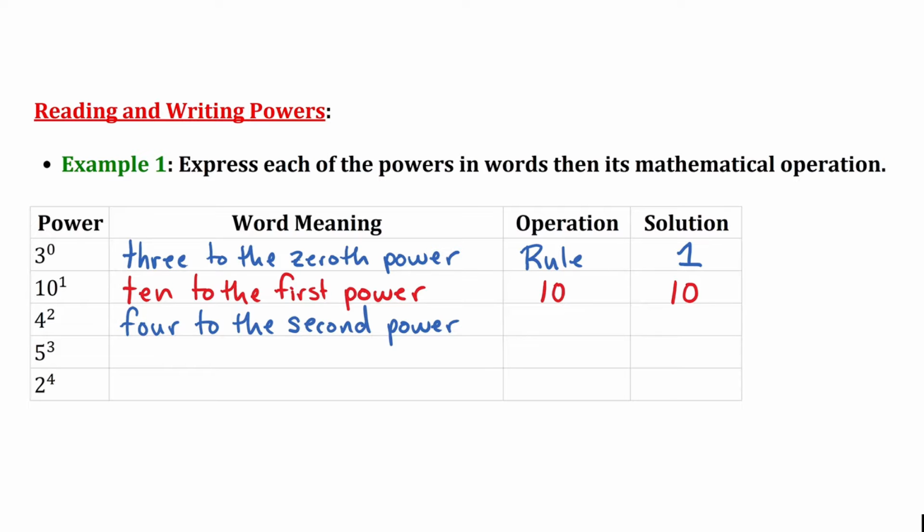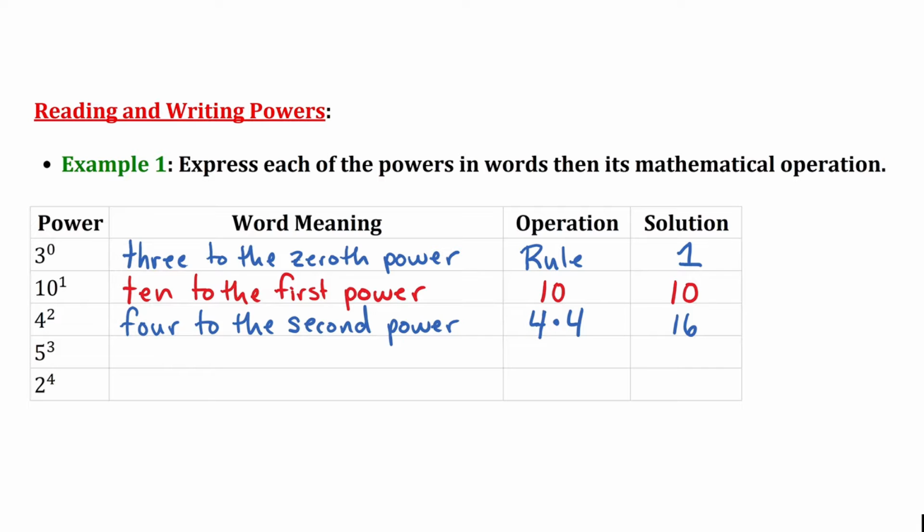So you could also say 4 squared. The operation here is a 4 times a 4. So a 4 times a 4, that solution is going to be 16. So that second power means there's going to be 2 4s, and they're going to be multiplied times each other.